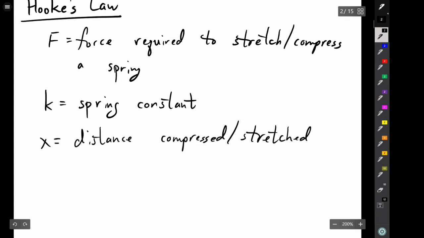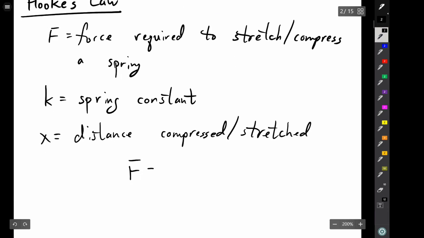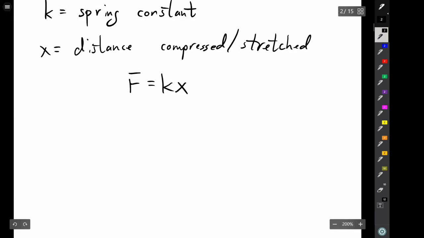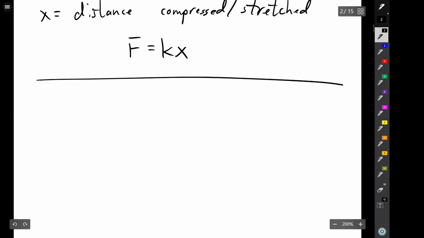Then Hooke's law says that F is equal to K times x. So it's a simple linear relation here, right? Simple linear force. But here's a classical example of a non-constant force.